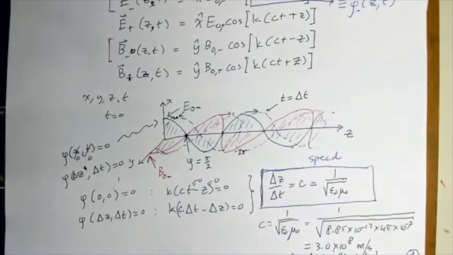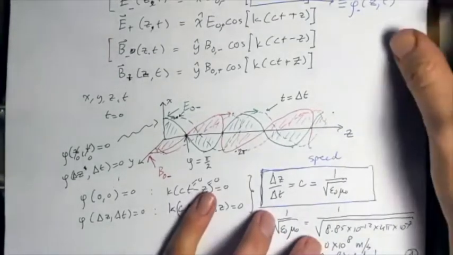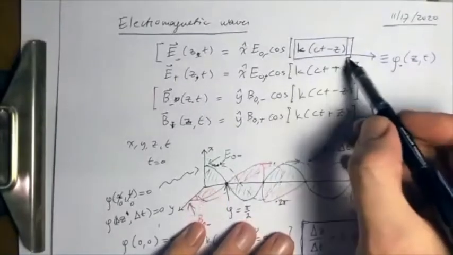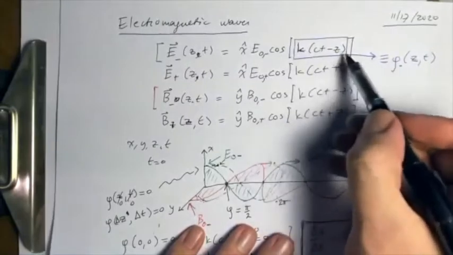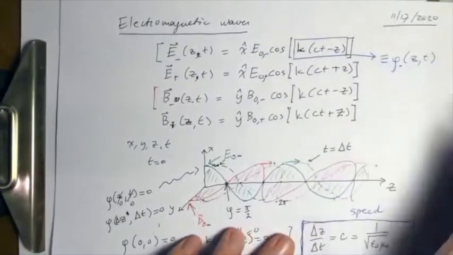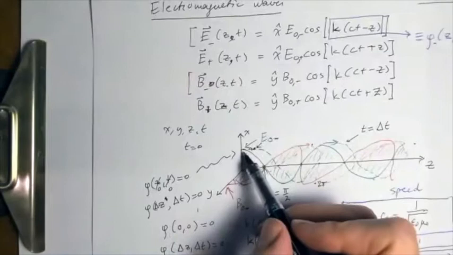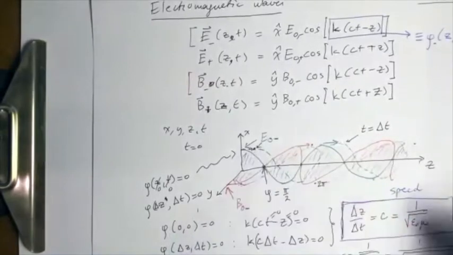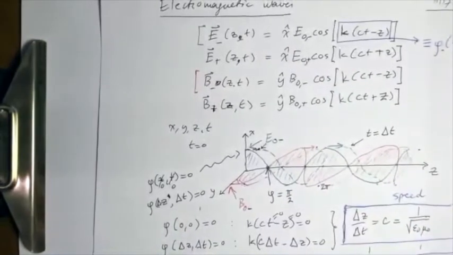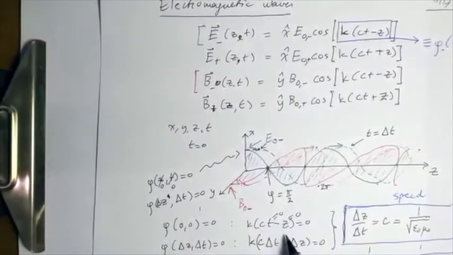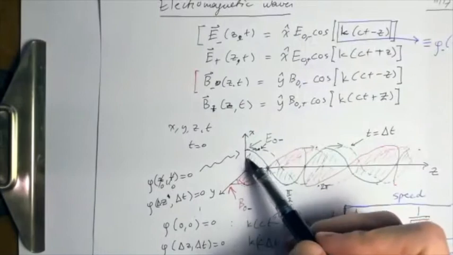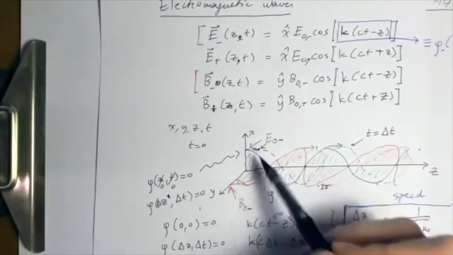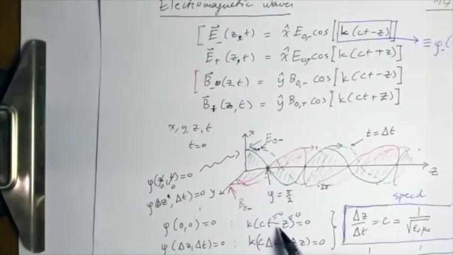Let's talk about the sign of the phase. We were tracking this particular solution, where the phase was given by this blue expression, and we tracked how it moved from here to there. The part of the phase where we had an antinode was moving to the right, even though there was a minus sign here.